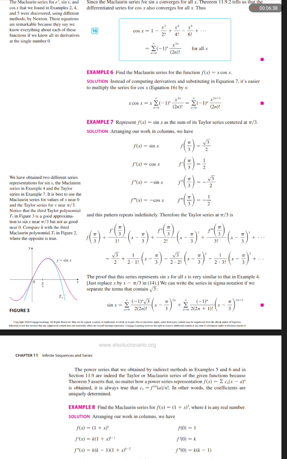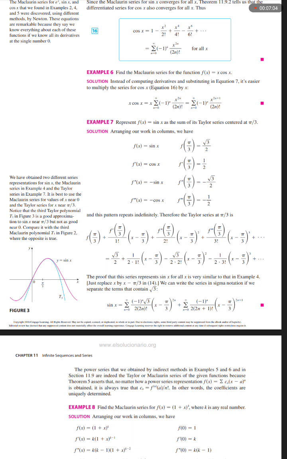Compare it with the third Maclaurin polynomial, T_3, in figure 2, where the opposite is true. Figure 3 shows y = sin x and T_3, and on the x-axis you have pi over 3.